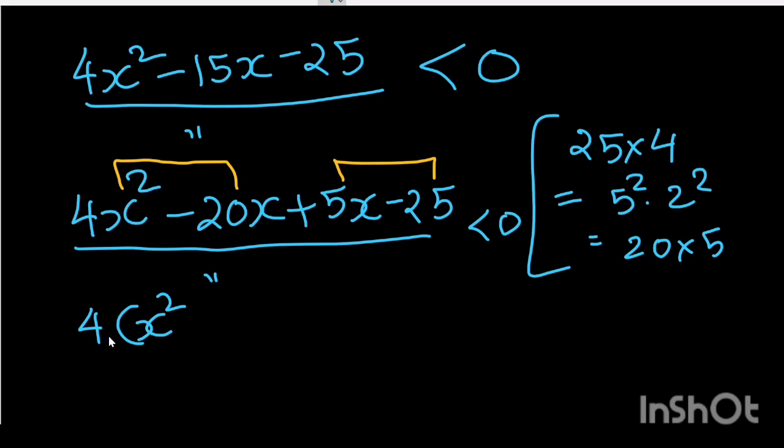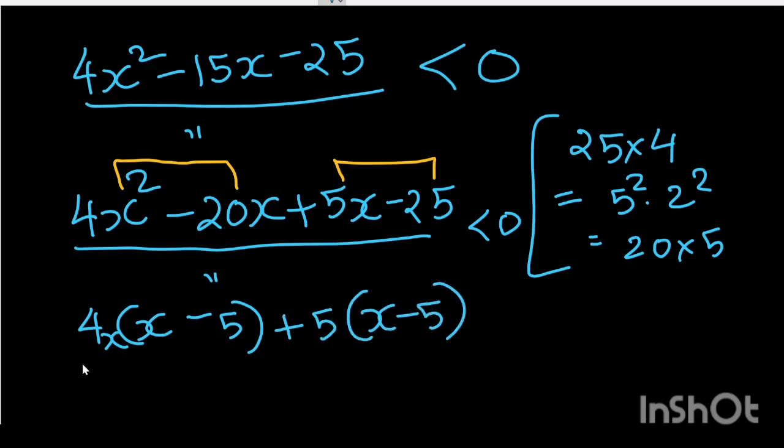And let's take x common also, 4x. So we are left with x into x minus 5. Now we will take 5 common from the third term. So we are left with x minus 5 upon all the three terms as it is less than 0, guys.